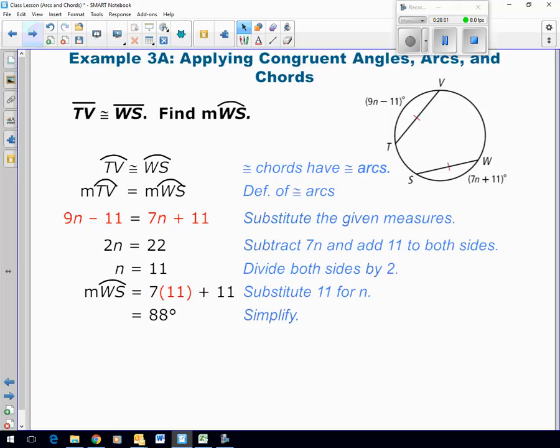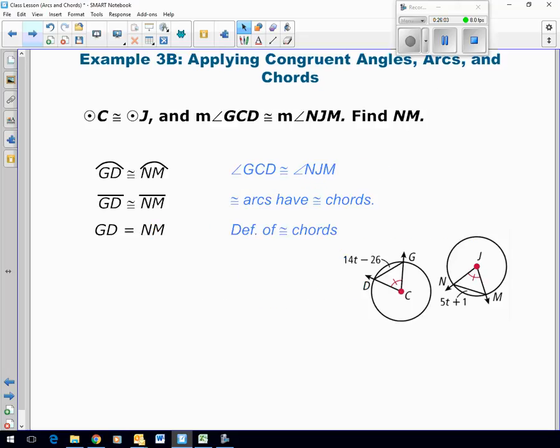Alright. And I've got congruent circles now. Circle C is congruent to circle J. C and J are congruent. GCD is congruent to NJM. What does that mean about the chords that are connected?